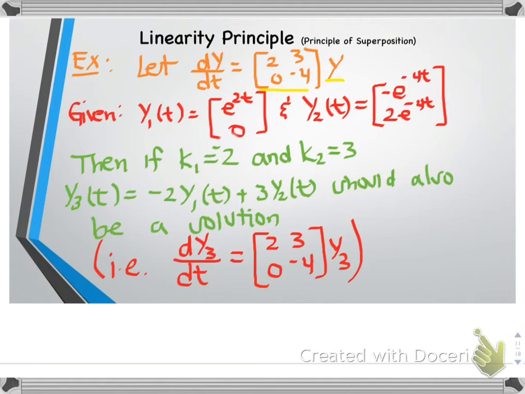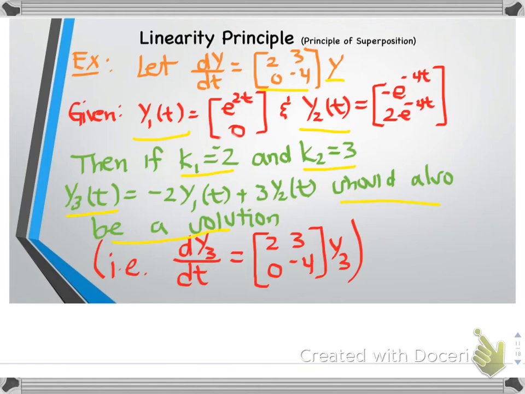Now let's say you're given these two, and you're told they are solutions to this linear system. Then that means, since they're two solutions to that system, any constants I throw with them should also be a solution. So let's assume that k sub 1 is -2 and k sub 2 is 3, and then y sub 3 of t, which is equal to -2 times y1 of t plus 3 times y2 of t, should also be a solution.